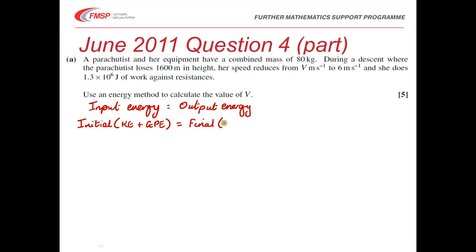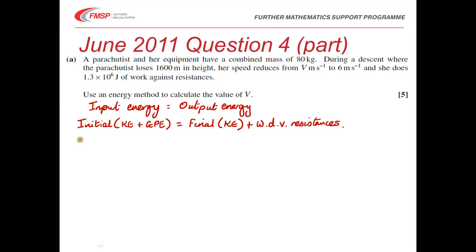On the right hand side though, we do finish up with final kinetic energy. We've lost our gravitational potential energy, but work has been done against resistances. That goes into the output energy. It's energy which is removed from the system by that external force.